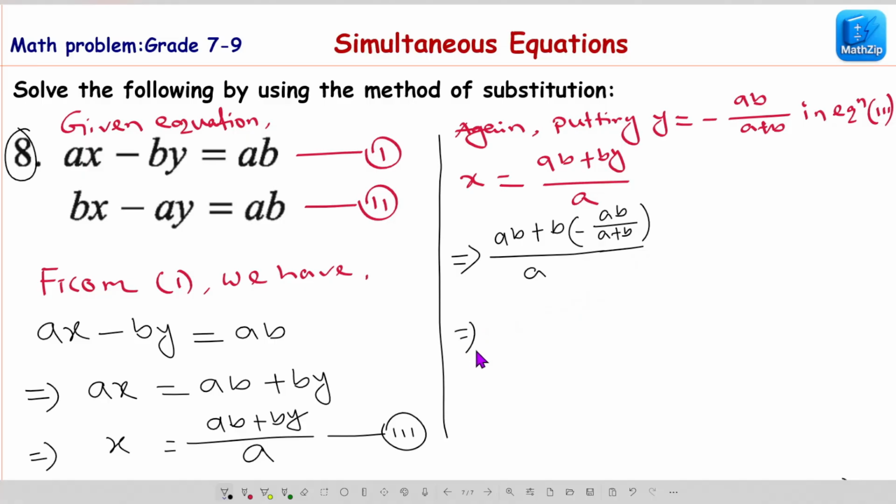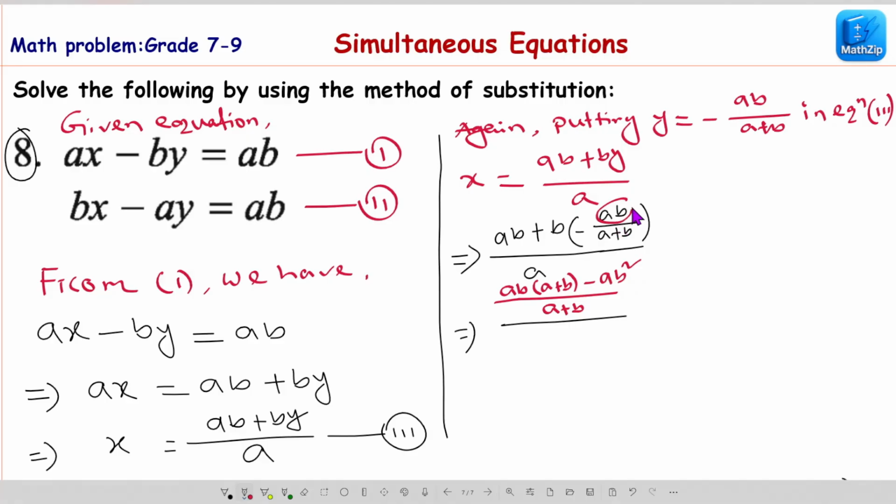Then we can make an LCM. LCM is a plus b. So here is ab times (a plus b), right? Then minus, this minus and plus become minus ab square.